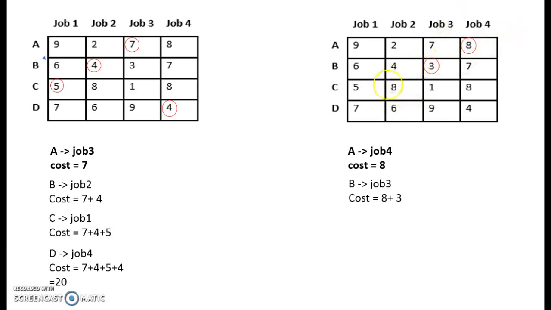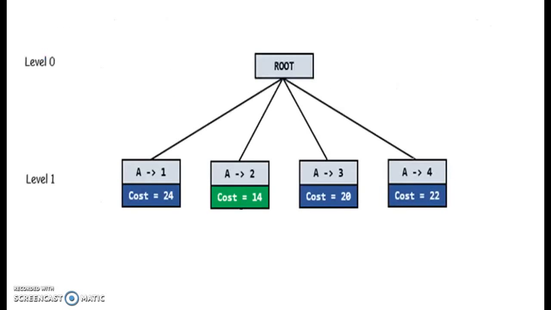Now selecting the minimum value from row number 3, which is 5, because 5 is less than 8. And now the cost is 8 plus 3 plus 5. And then select the minimum value from row number 4. There is only 6 remaining. Then the cost is 8 plus 3 plus 5 plus 6 is equal to 22.